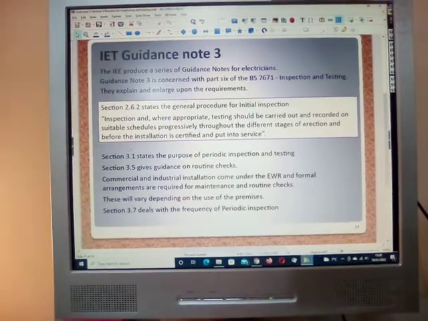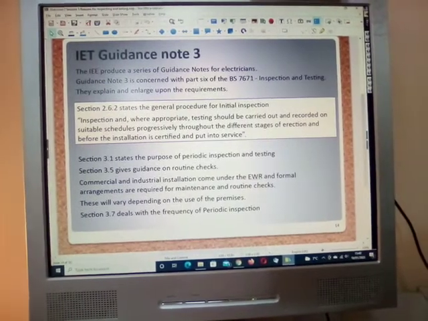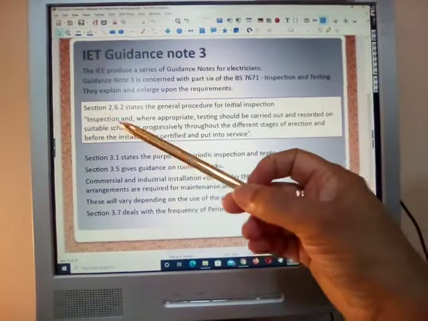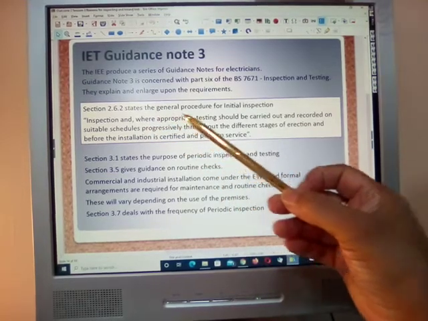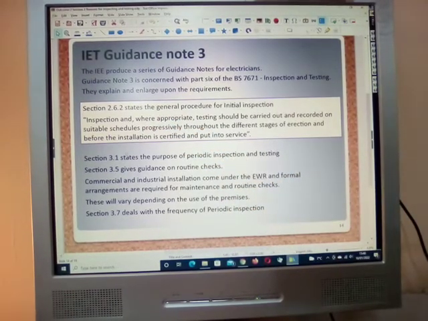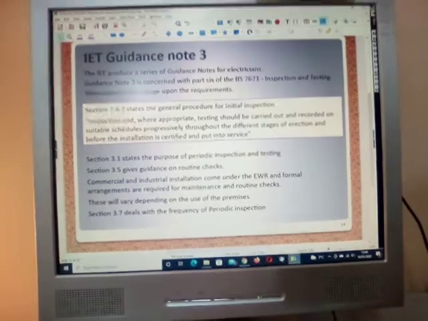And here you have IET Guidance Notes 3. I'm not going to read this out to you again, but section 2.6.2, make sure that it is still relevant as it should be in the 18th edition of the IET regs.